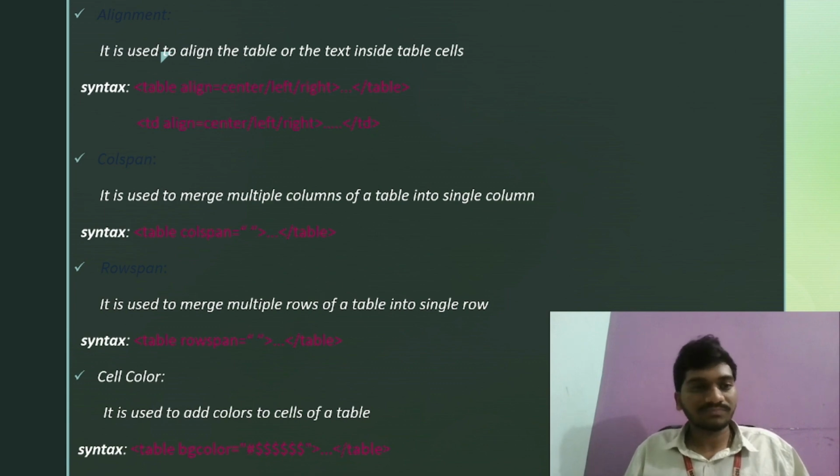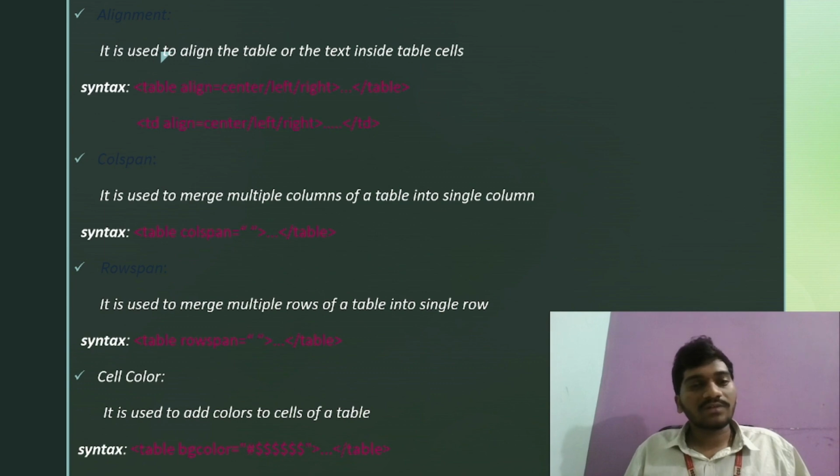And the next one is colspan. It is used to merge multiple columns of a table into a single column. So the use of colspan is that we can merge as many columns as you require into a single column. This is useful when we design the table columns.